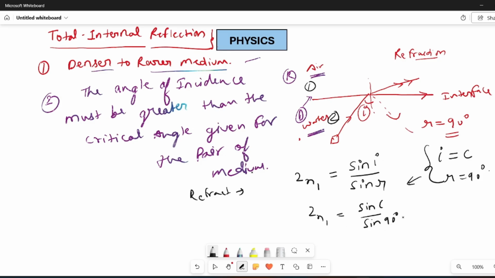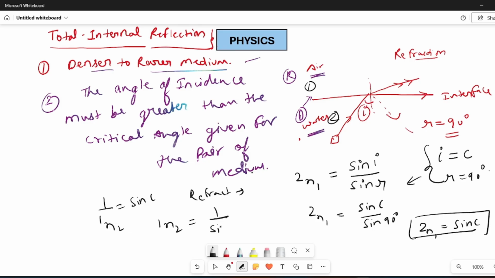That means this will become 2n1 equals sine C. So this is our result, or it can be further written as 1n2 equals 1 upon sine C. As simple as it can get. You can write it in these modifications.